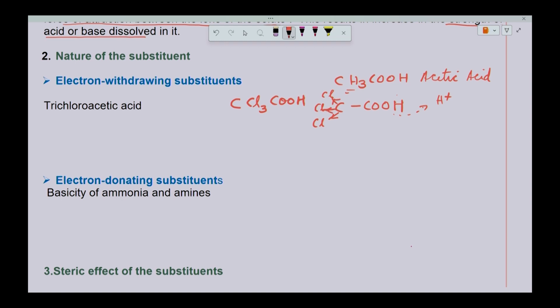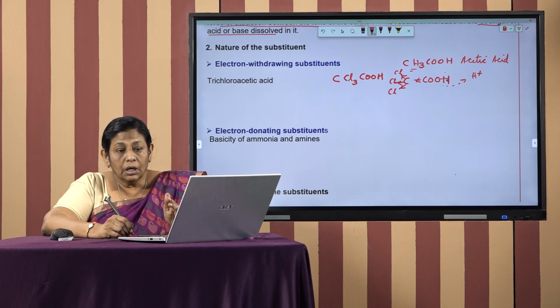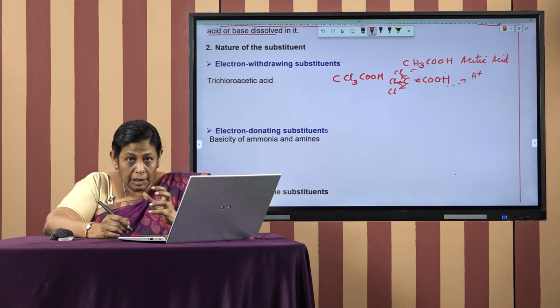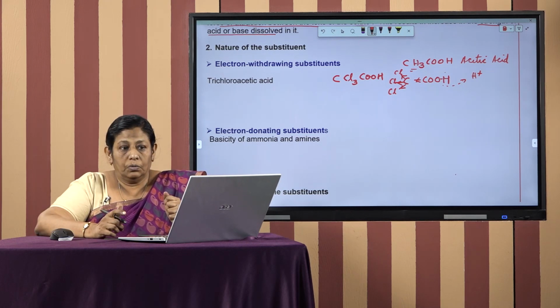How many chlorine atoms are there? 3 chlorine atoms, and as a result this carbon pulls the electrons from this carbon, and finally this bond weakens, the OH bond weakens, and since there is a deficiency of electrons felt here, they take up the electron of the hydrogen atom and let hydrogen go as a proton.